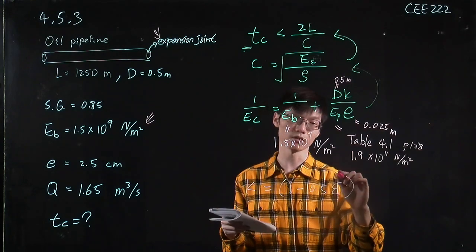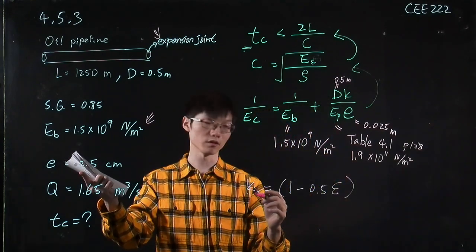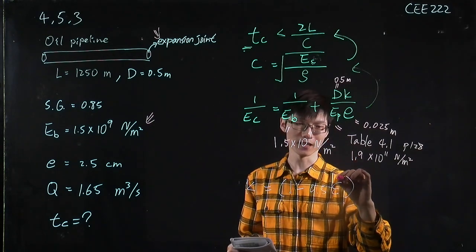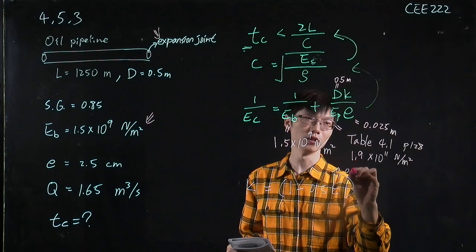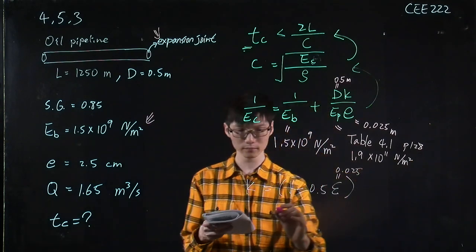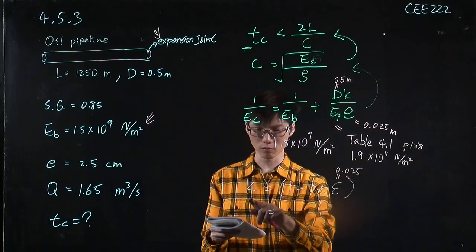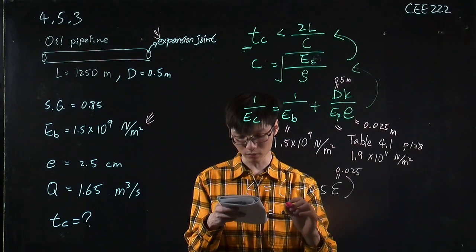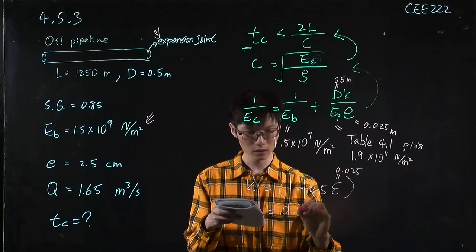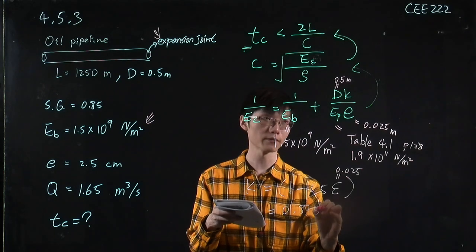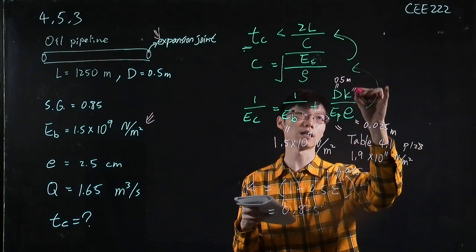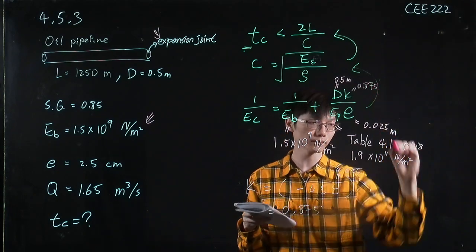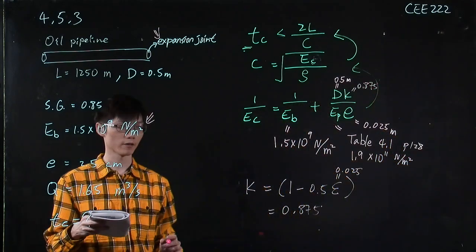This epsilon simply is the thickness of the pipe, so epsilon is equal to 0.025. So at the end, we will have this K value equal to 0.875.